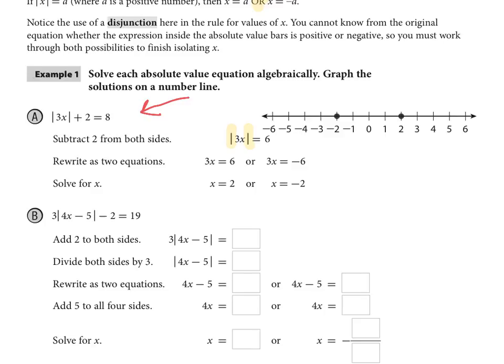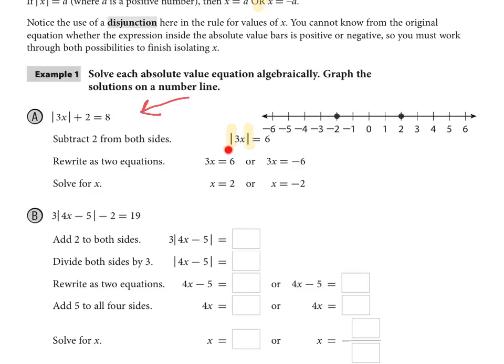For absolute value, we know that the quantity inside the absolute value bars, in this case 3x, could be a positive number when simplified, or it could be a negative number because those absolute value bars are going to make it positive. So in that case, we can write two different equations.